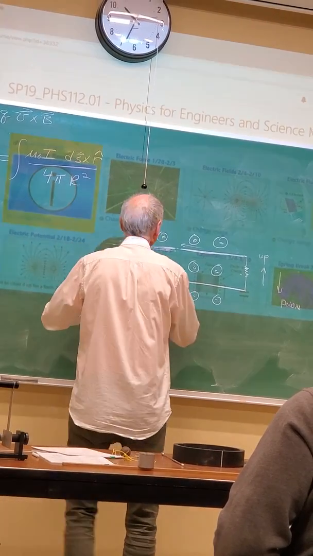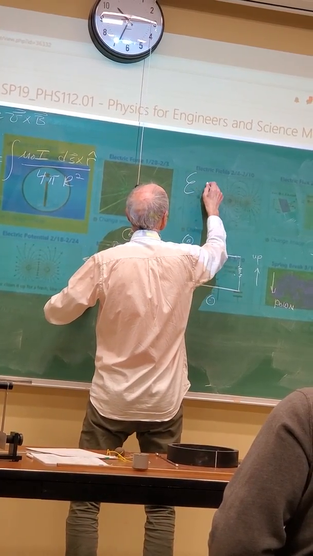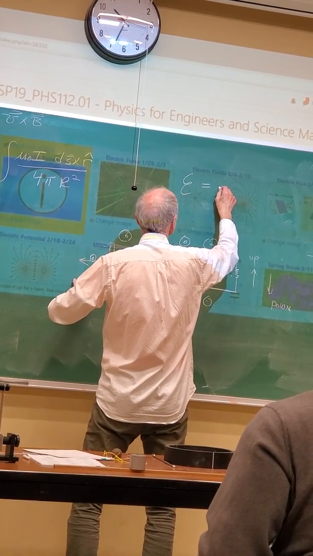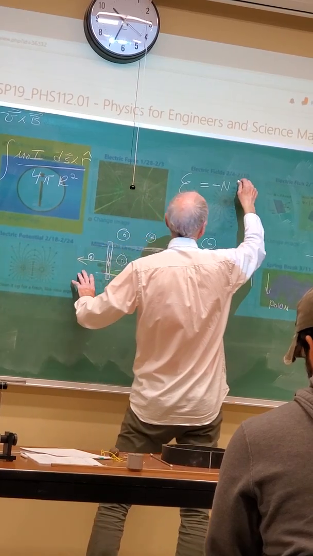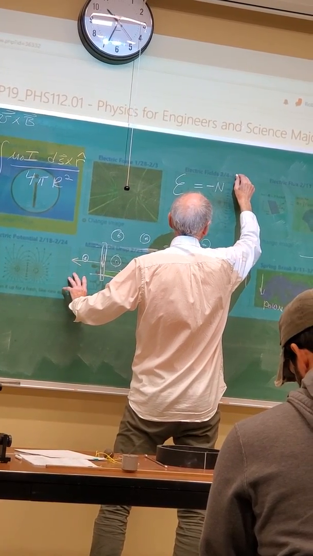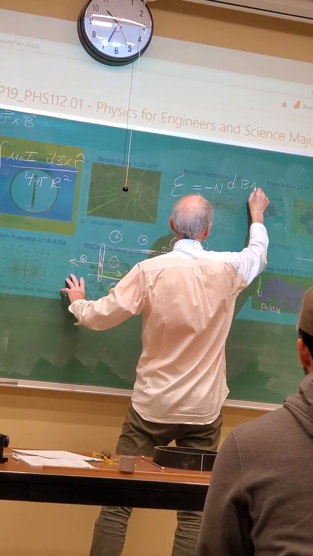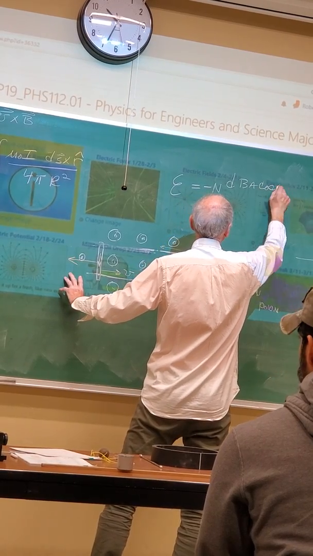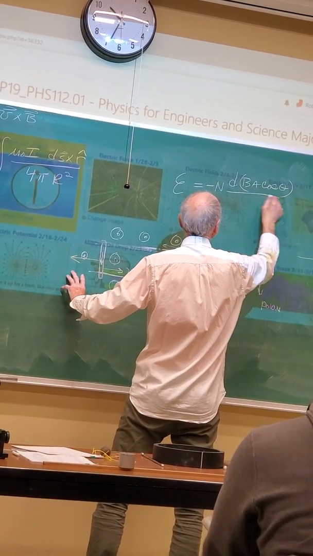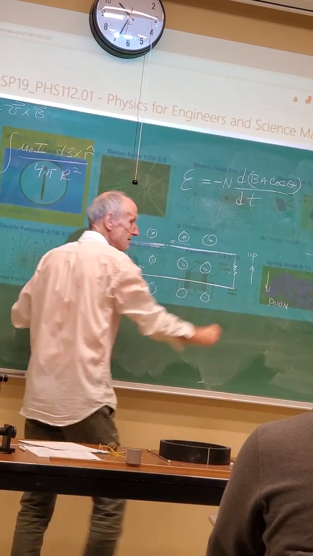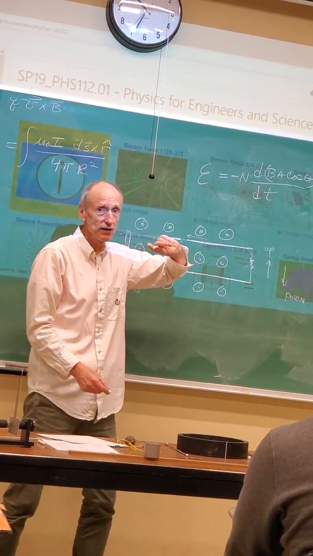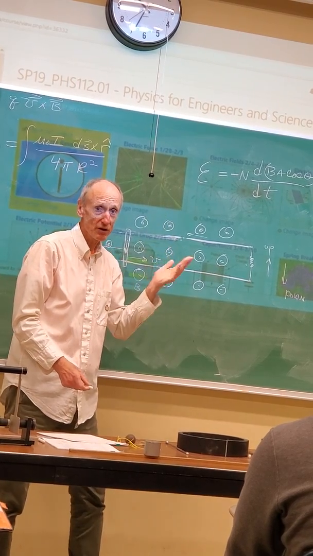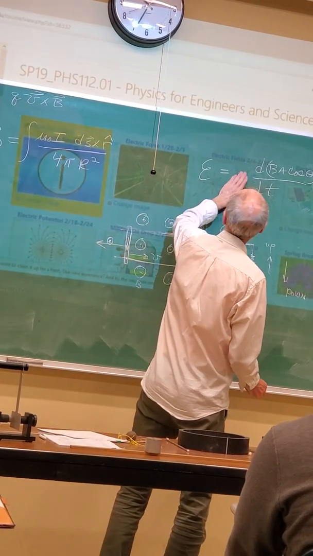The EMF is going to be, we're not going to worry about the minus sign, N dBA cosine theta dt. And the N for this is 1. Just one loop, it's just these rails.